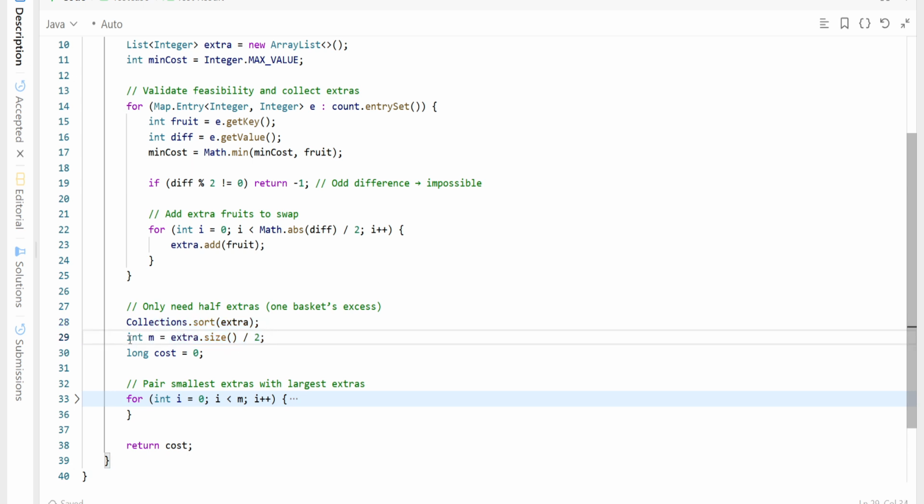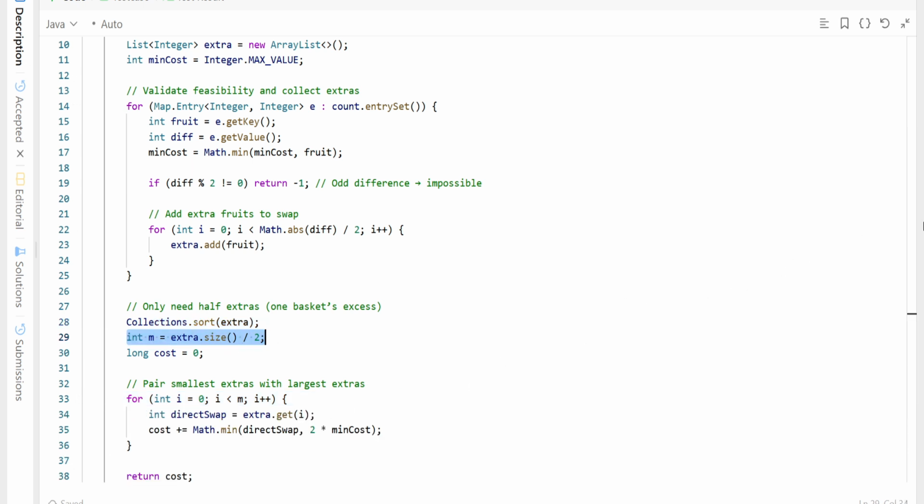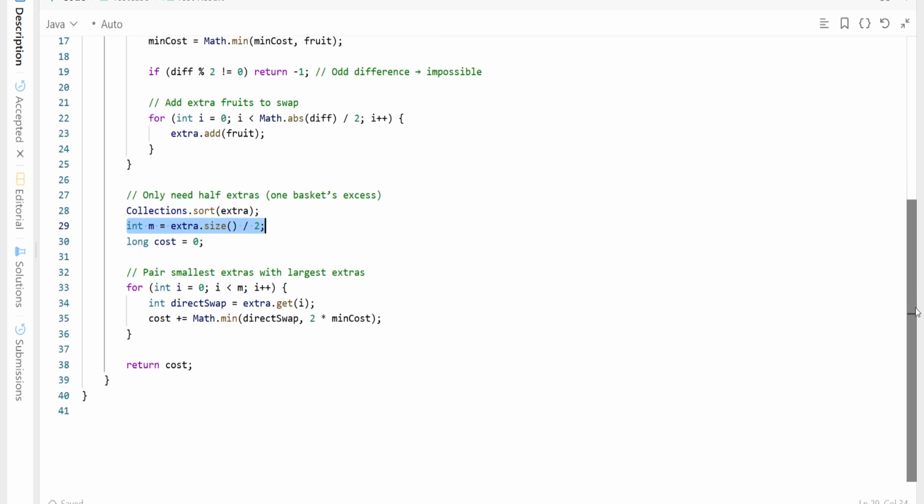Okay, and for that half we will check the pairs. How are we going to check the pairs? We have discussed that already. We go till the half of the extra, and from the half list we get the direct swap. Direct means extra at i, and we find which is minimum.